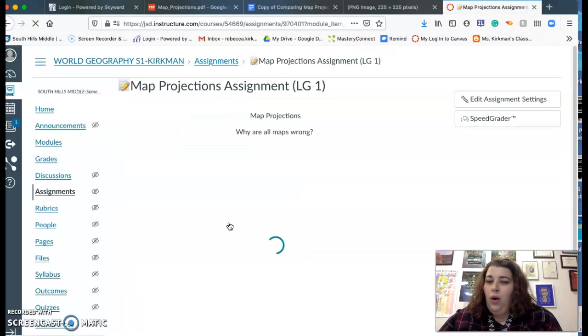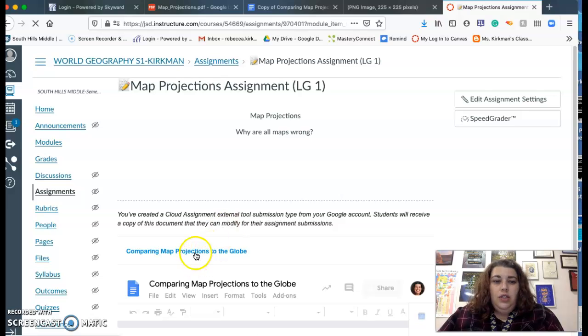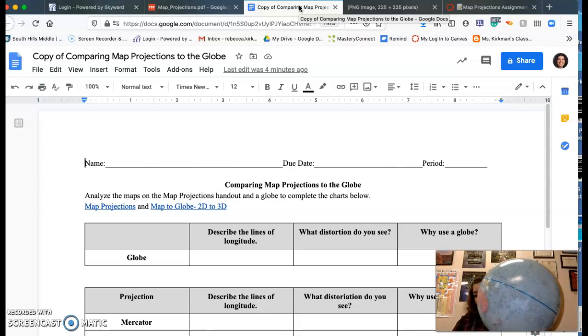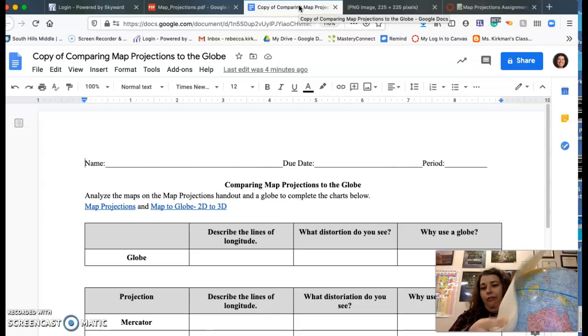Okay, why are all maps wrong? So you can click on that to make it bigger. I have a copy for me right up here. But looking at this globe, so the Earth is round, right? And we have to realize that maps are taking a round surface and making it flat.